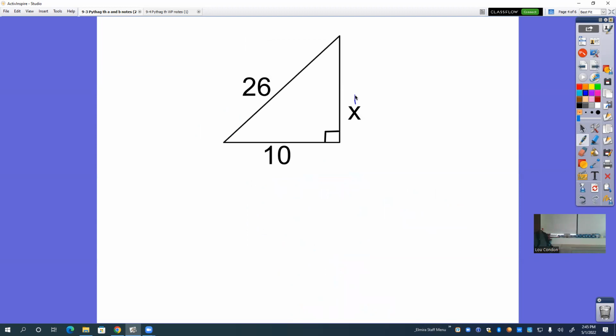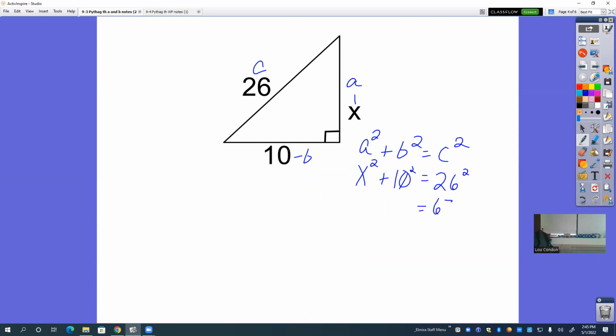Okay, so again, A, B, and C. So A squared plus B squared equals C squared. X squared plus 10 squared equals 26 squared. So you have X squared plus 100 equals 676.